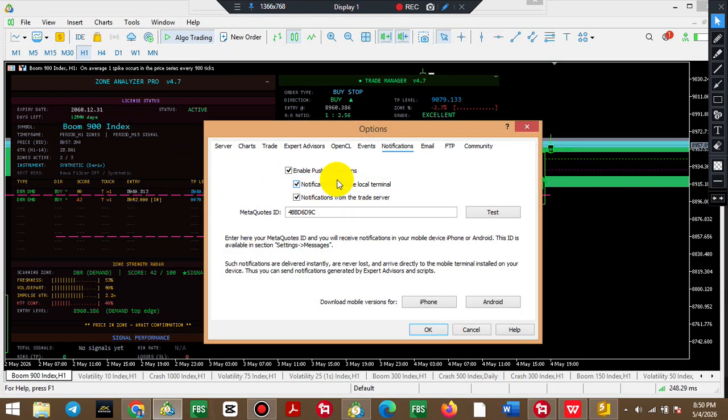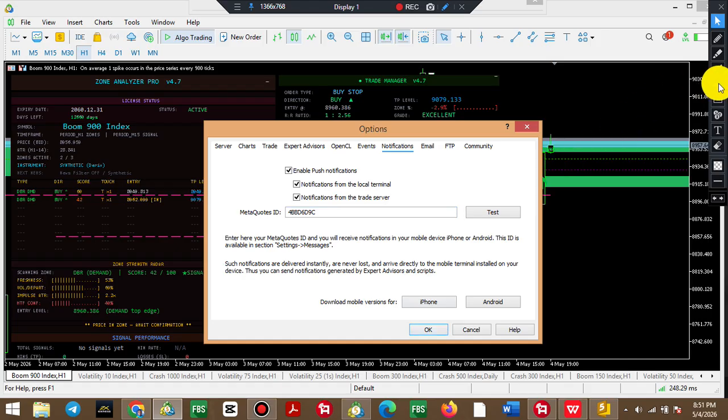So when you click on Options, you see all these checks here. You just check them. When you check them, click OK. And when you click OK, it's going to pop up on your mobile phone.